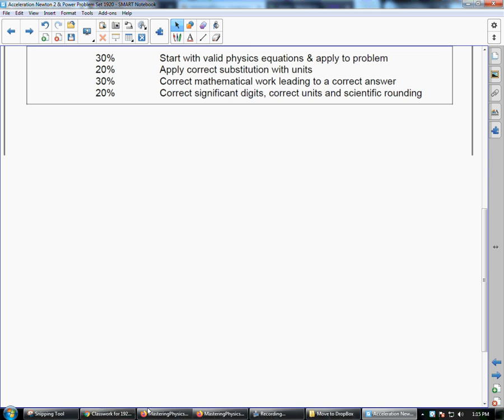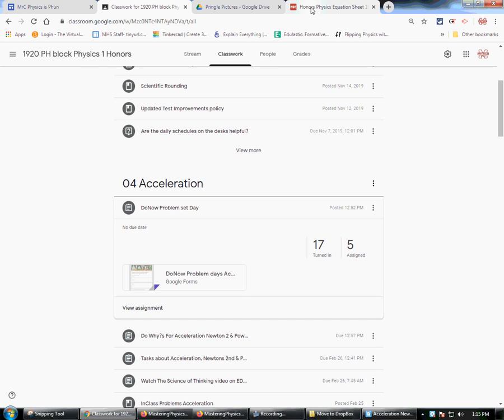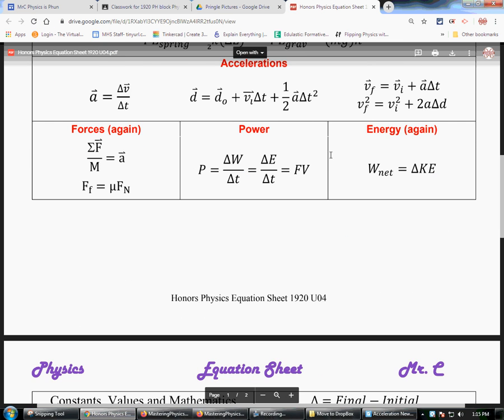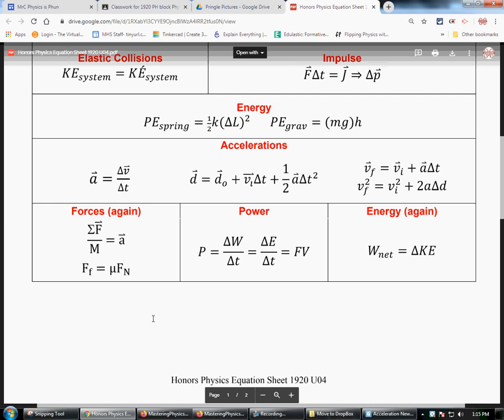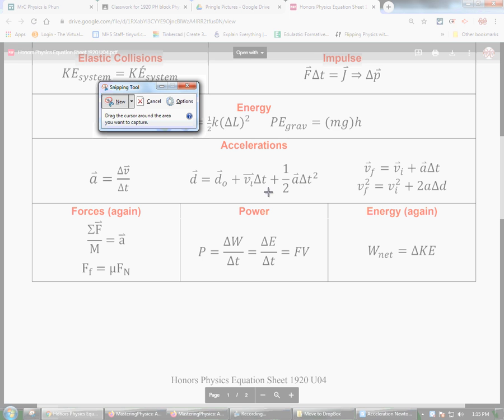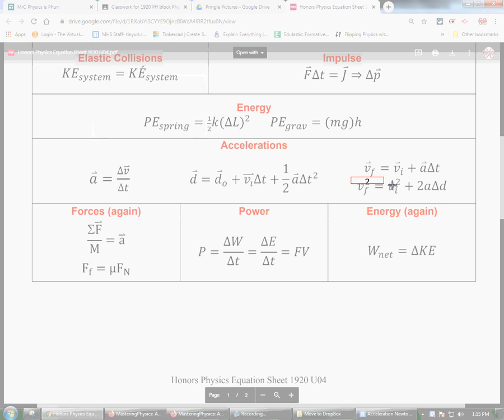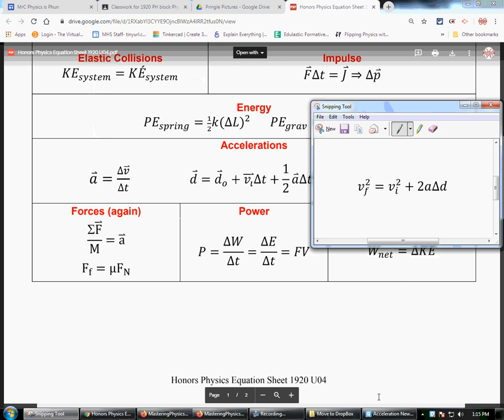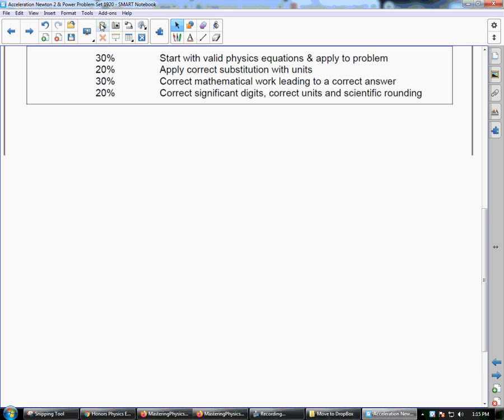So, back here, I need a handy-dandy equation that relates velocity and acceleration and displacement. And that handy-dandy one is this one down here in this little corner. And that actually is the only equation I'm going to need for this.